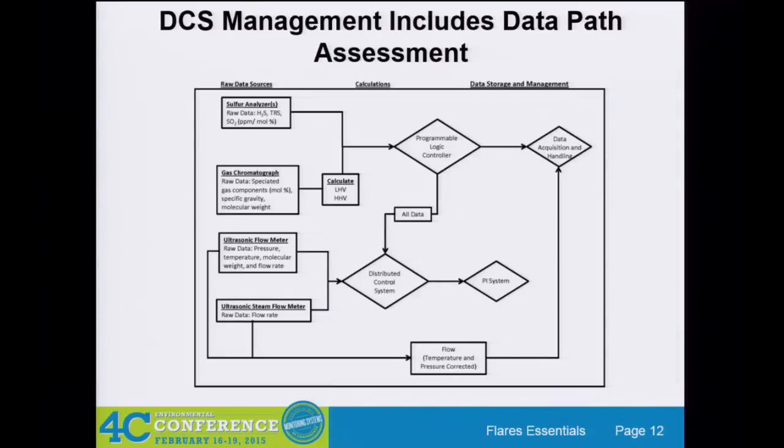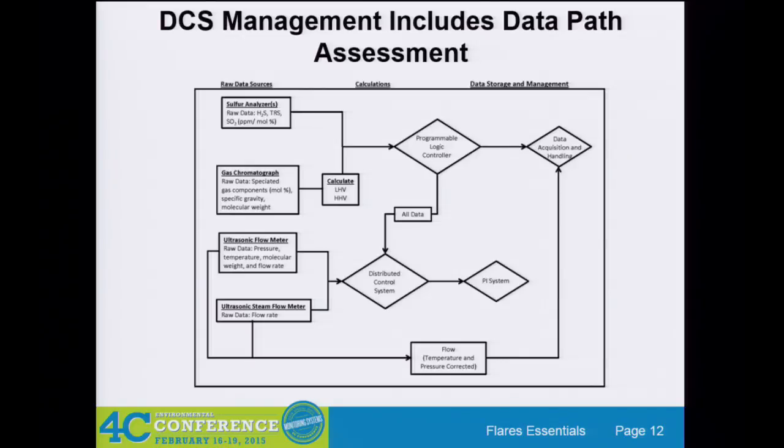One of the things when you're setting up your control logic is trying to understand where the data is coming from, where the data is going, and where the calculations are occurring. This was at a specific refinery. This isn't everybody's setup, it's just how a certain refiner did it. You can see they had different analyzers feeding different types of information.